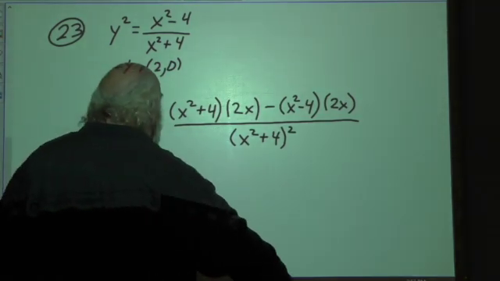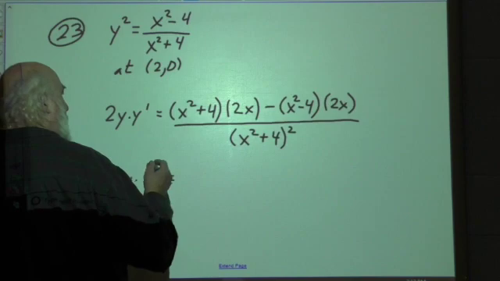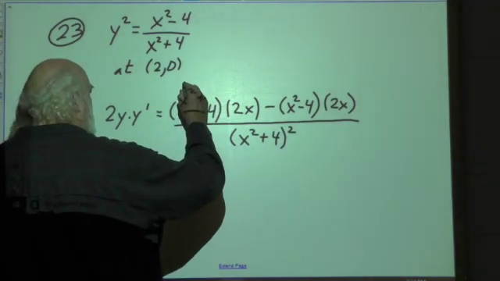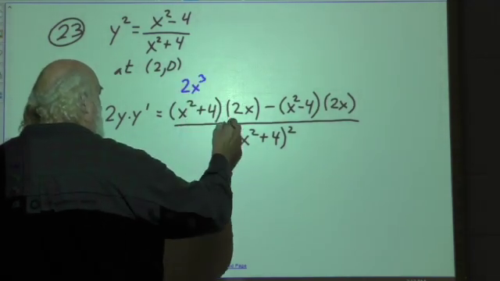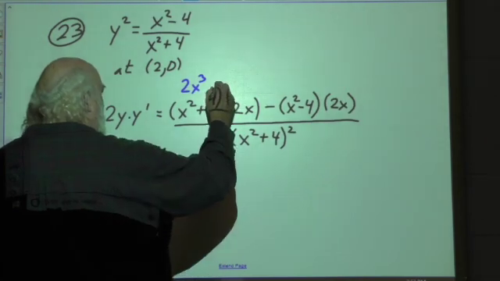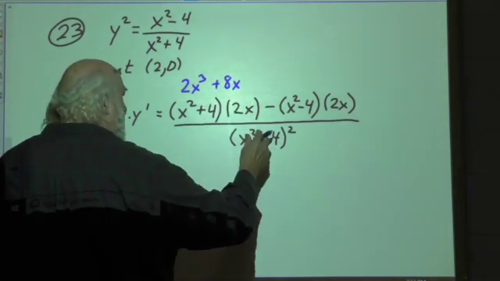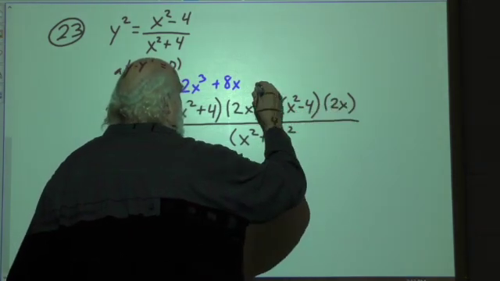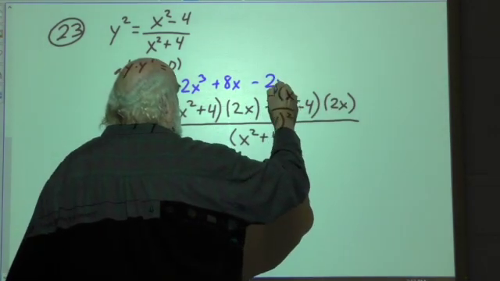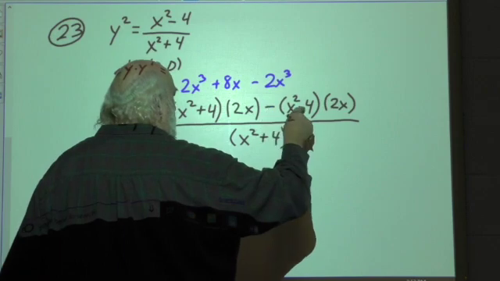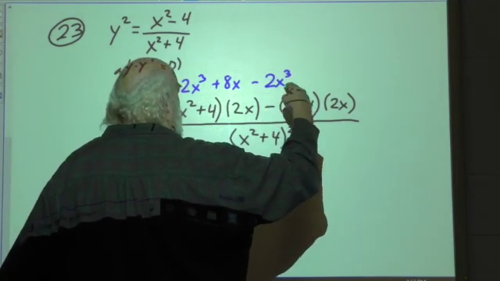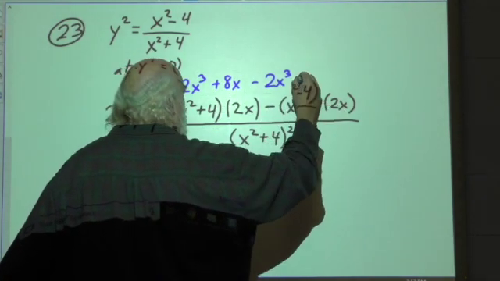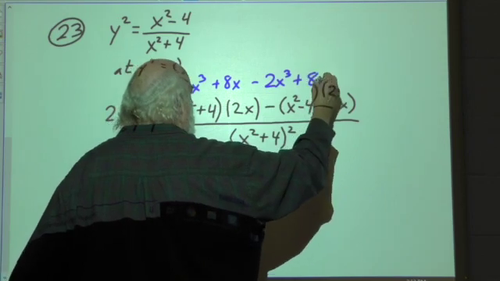Let's use a nice cool blue color. This blue is just beautiful here. So 2x times x squared is 2x cubed. Plus 2x times 4 is 8x. Minus, so a negative x squared times 2x is a negative 2x cubed, and a negative of a negative 4 is positive 4 times 2x is a positive 8x.